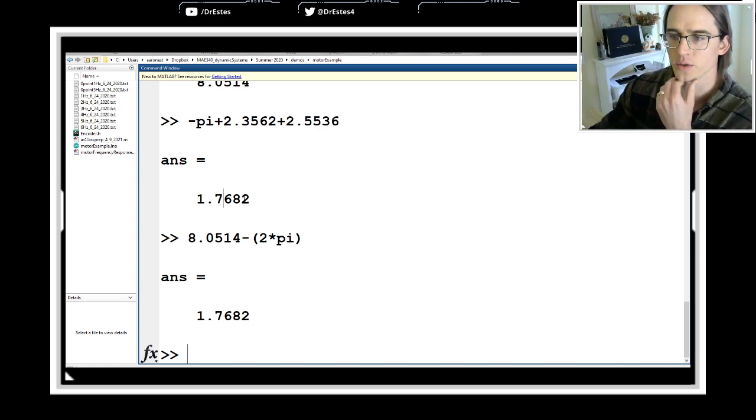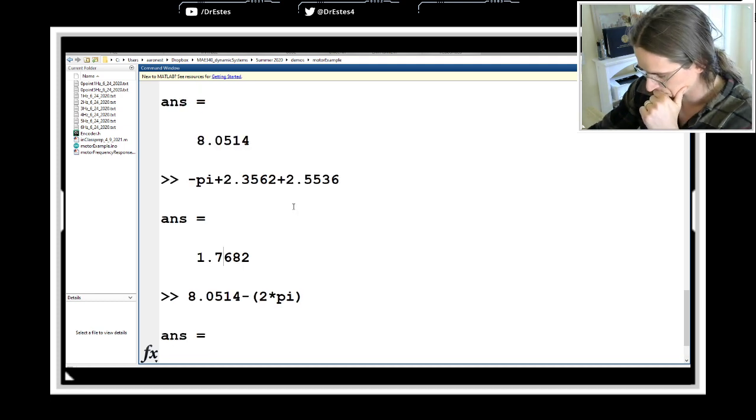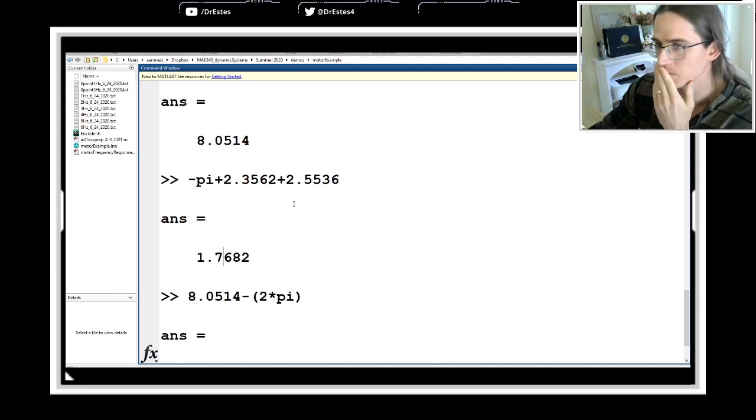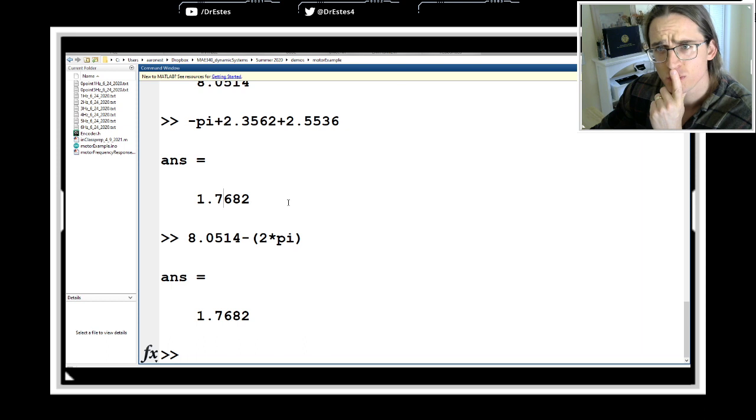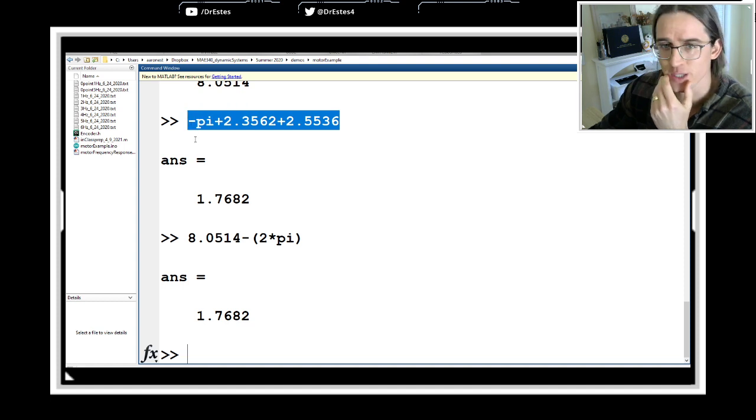Why are those angles positive? Because of what I've just been doing. Everything leading up to this has been, why are these angles positive?